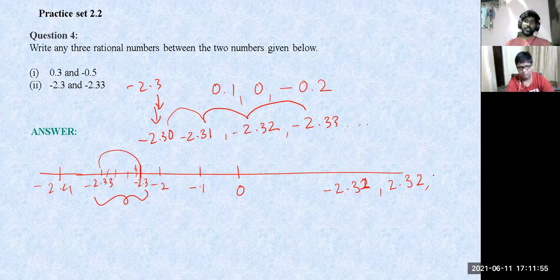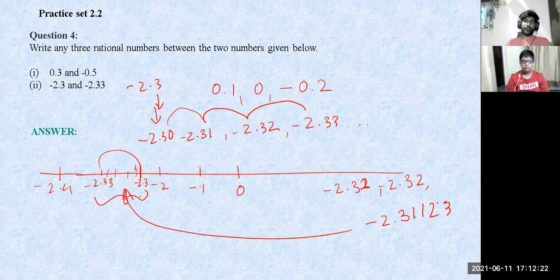You can even say it like this: minus 2.311. This also will come between because it gets smaller and smaller. So it will be in between that interval. The more digits you put here, the smaller it gets, and it will come inside this interval only. Did you understand? Yes, sir. Okay.